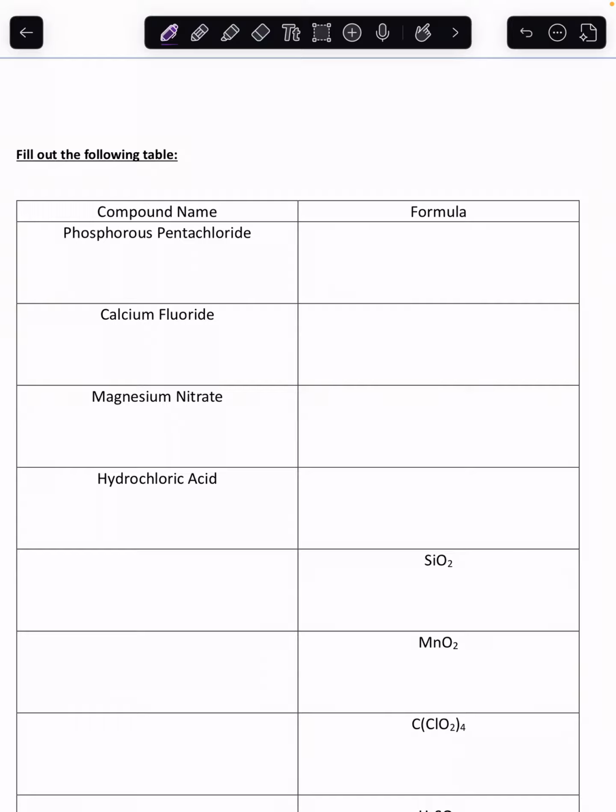So let's start up here with the first one. Phosphorus pentachloride. I look at this and I immediately clock that I have a prefix right here, penta. That tips me off that I am probably using my binary compound naming rules. That means all of these little prefixes are going to tell me how many of each element I have.